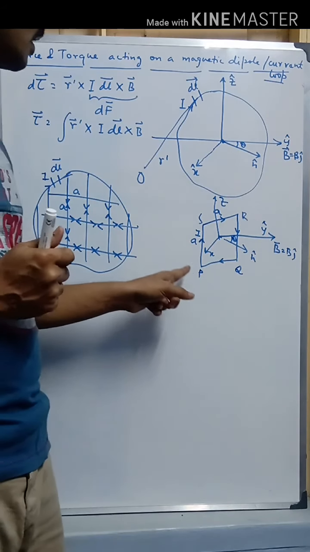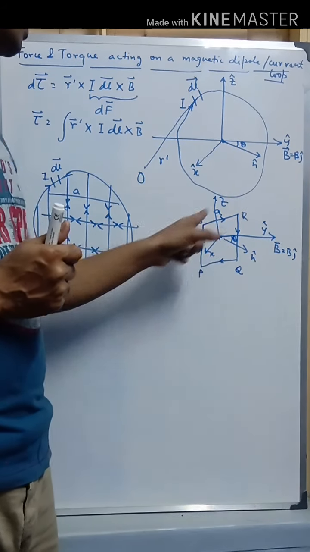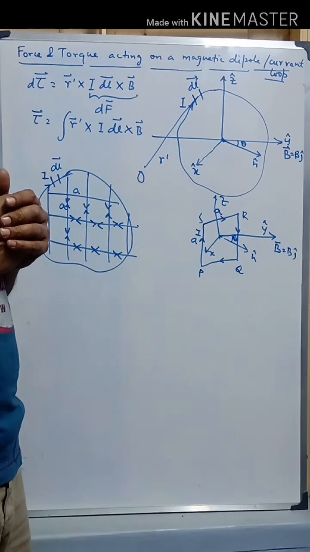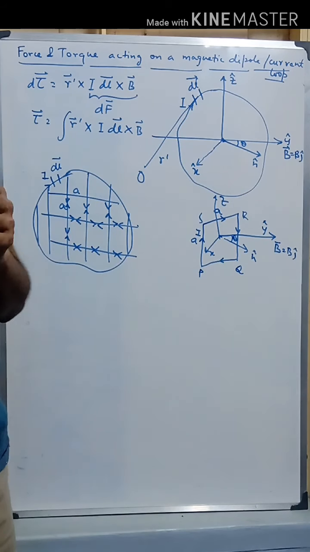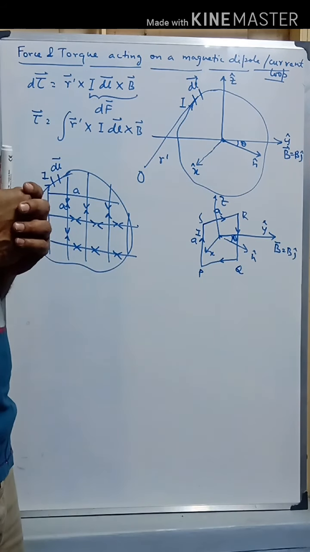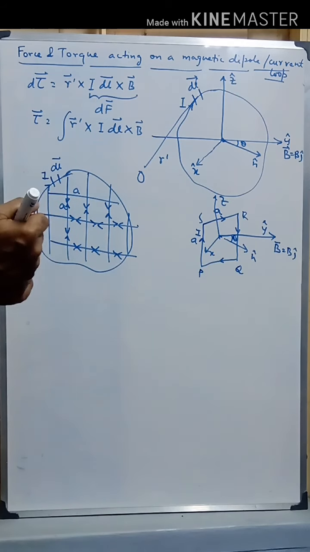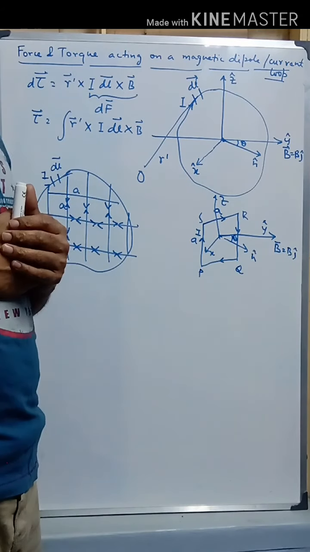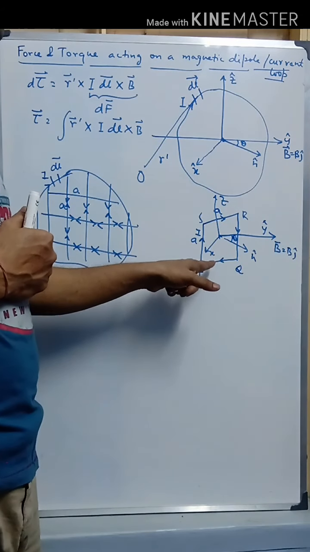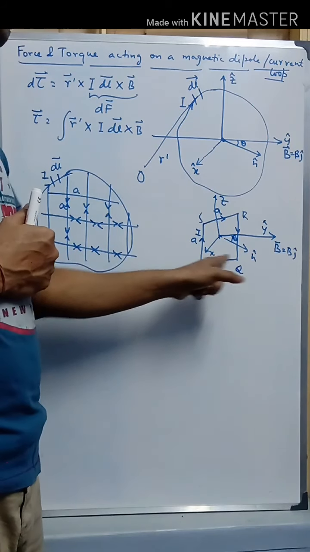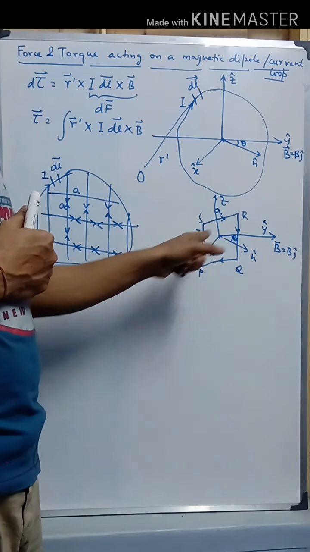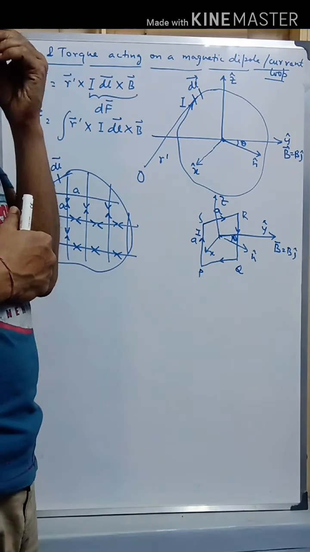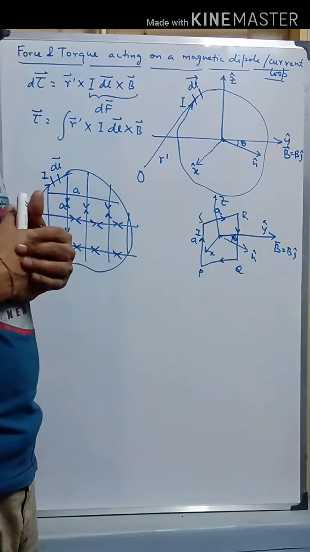Now consider this PQRS square loop carrying a certain amount of current. For the sides PQ and RS, the force is I times A, where A is along a particular direction in the xy plane.